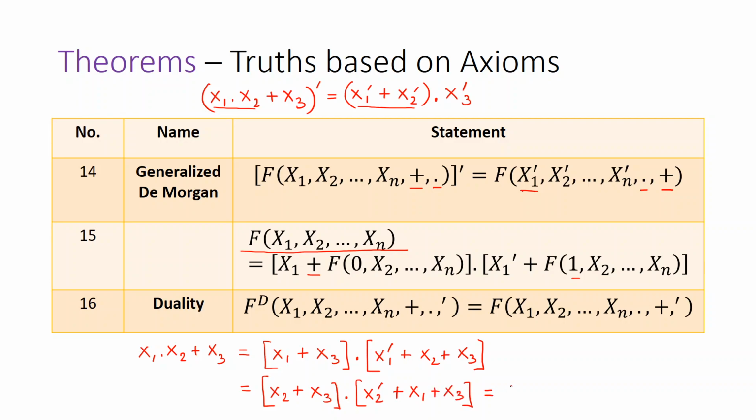Similarly, you can do it for x3 also. So you take x3 out, and you would get this, and then x3 dashed, and actually you are getting x1 x2 plus 1, and this is 1, and you are getting back the same expression actually. So that is what you can see.